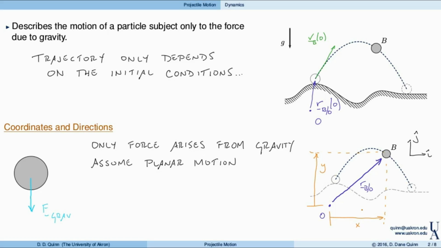So x and y are coordinates that will determine the position of B with respect to the origin O.